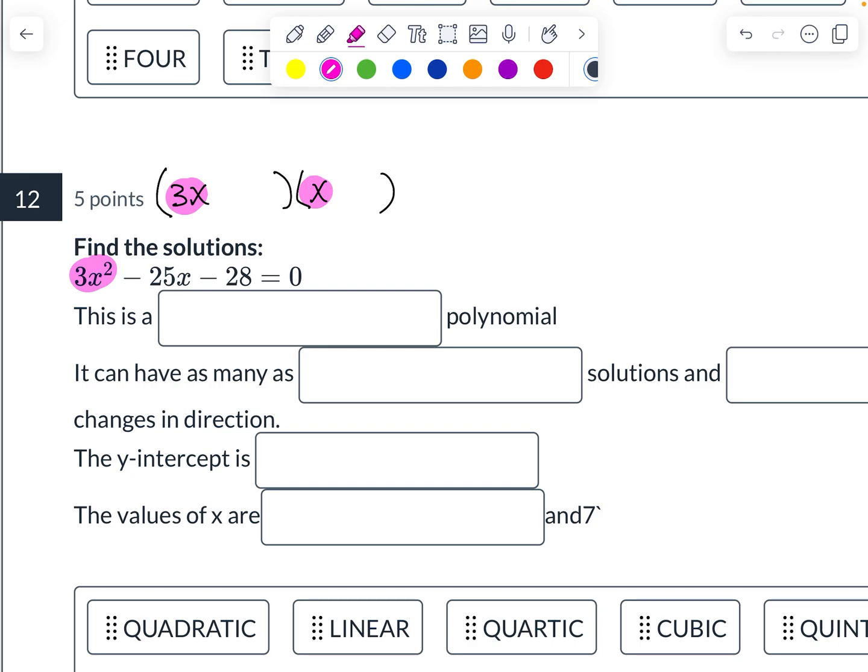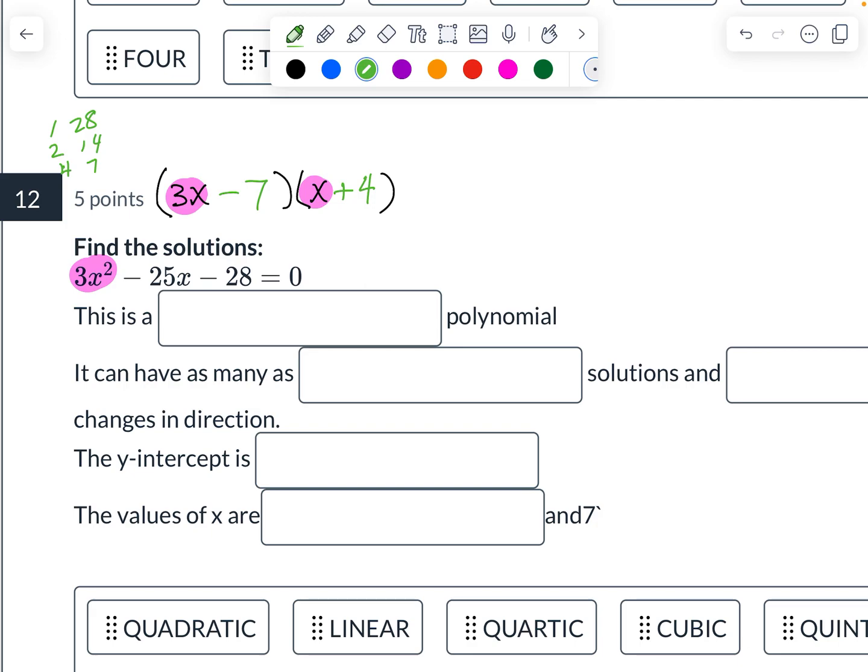Factors of 28 are 1 and 28, 2 and 14, and 4 and 7. So if I put plus 4 here and minus 7 here, that's not going to work.